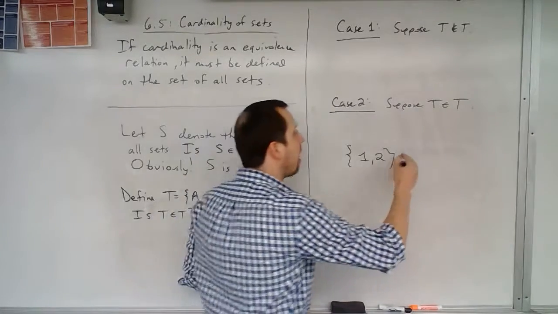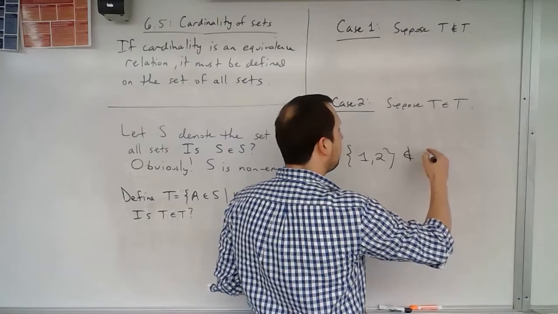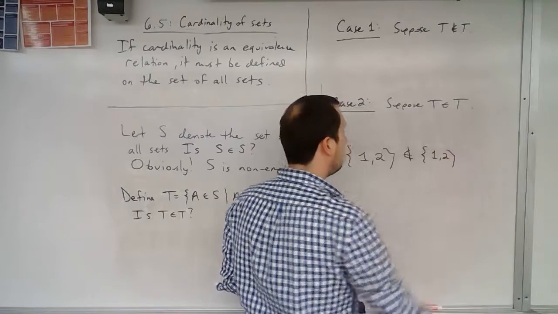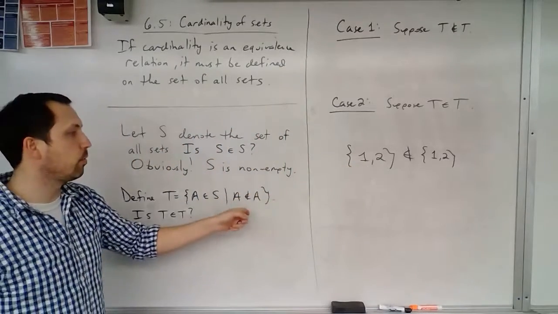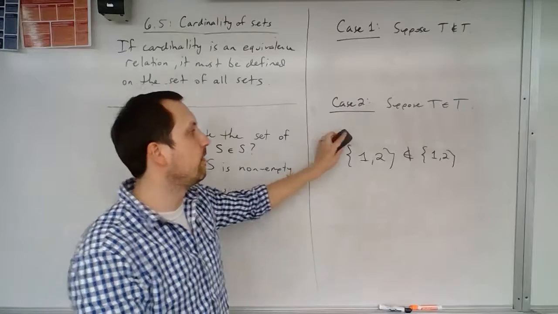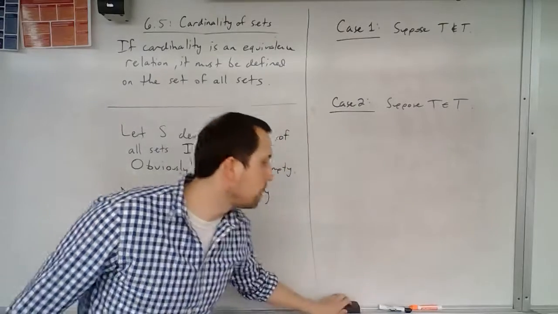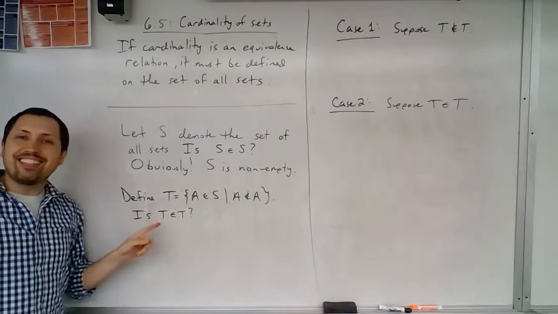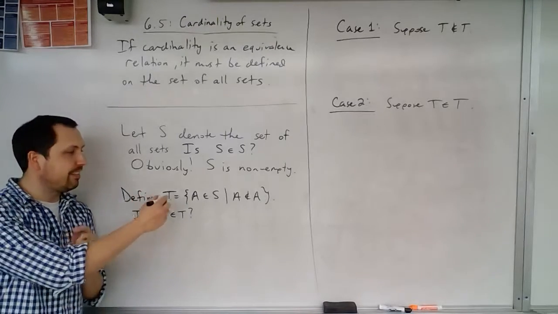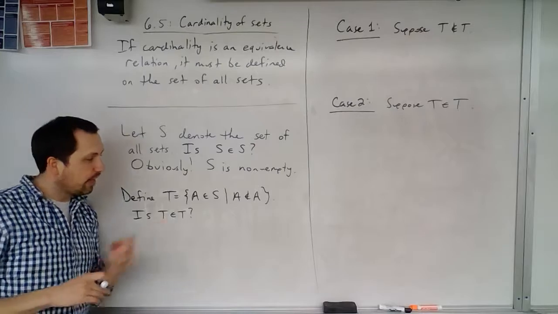So it is not an element of the set containing 1, 2. So we're looking at these types of sets that are not an element of themselves. Okay. Is T an element of the set T? So basically, is T inside its own set? We can ask that question.